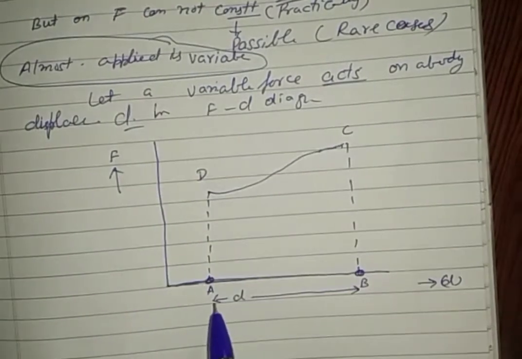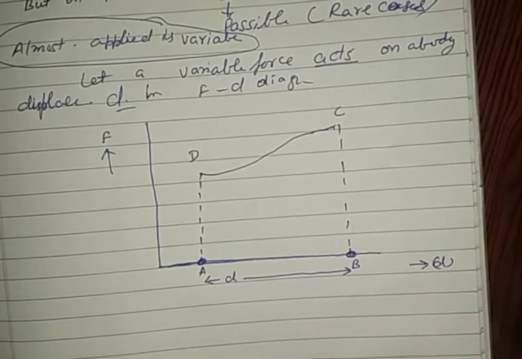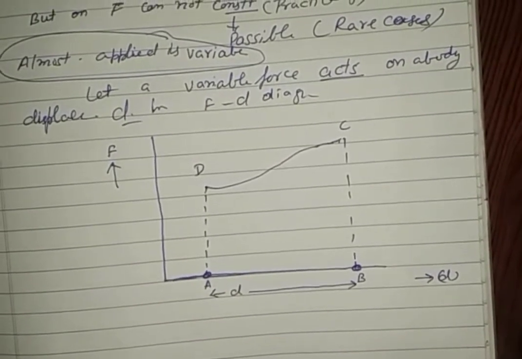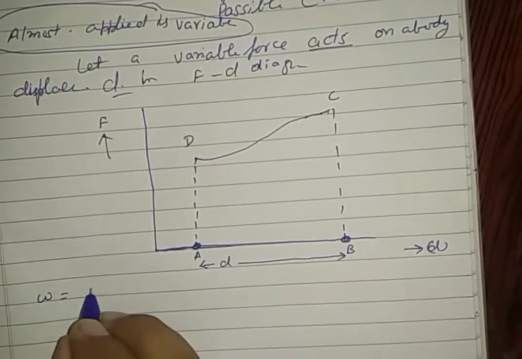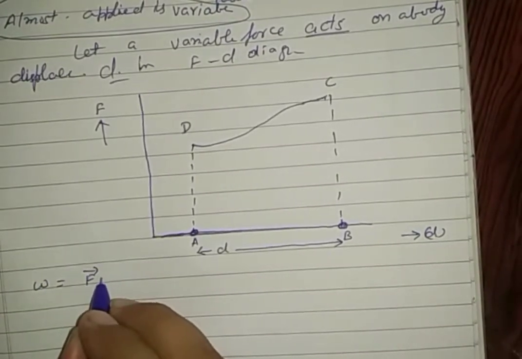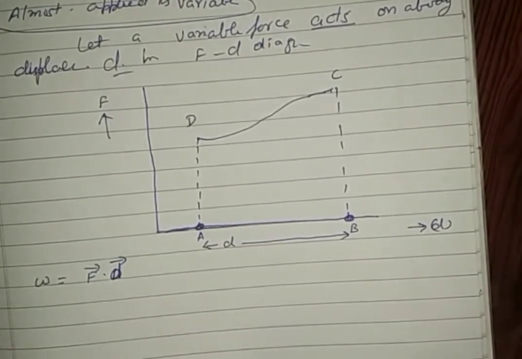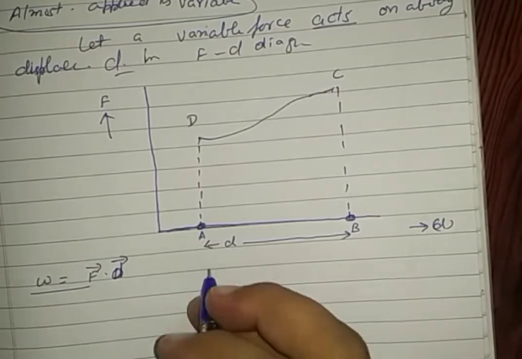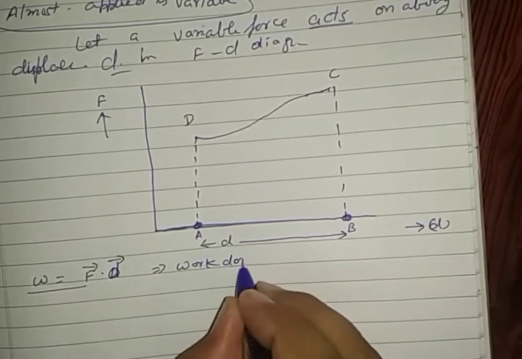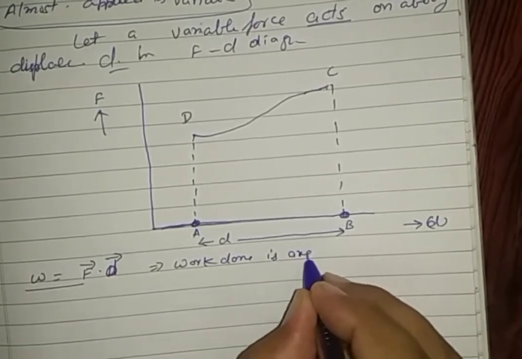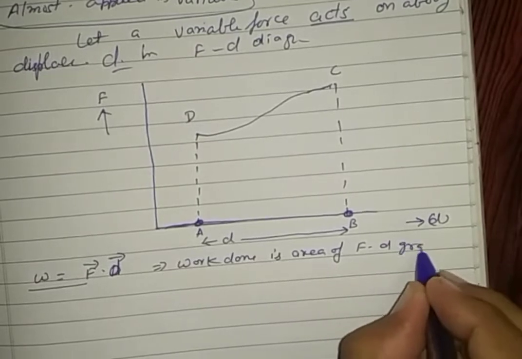Since work is defined as the vector dot product of force and displacement, in one-dimensional motion this implies that the work done is the area of the F-D graph.